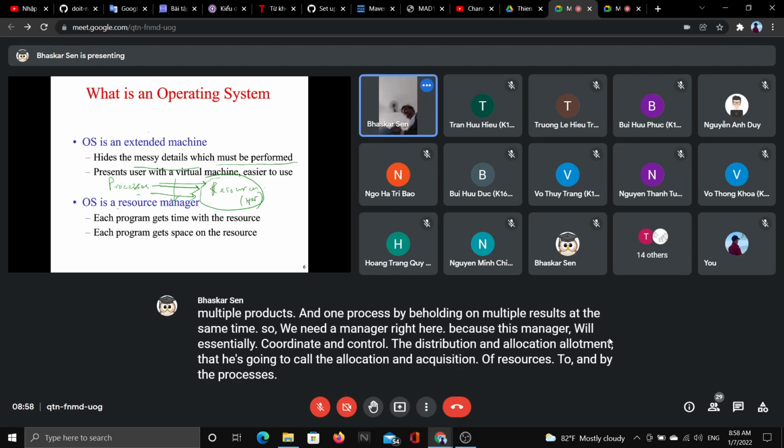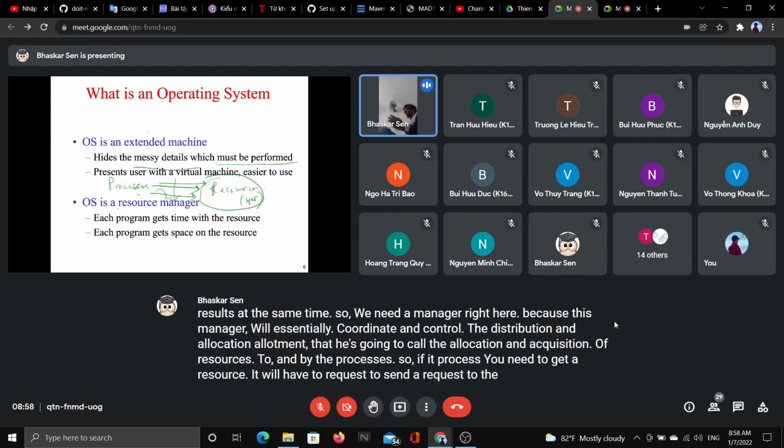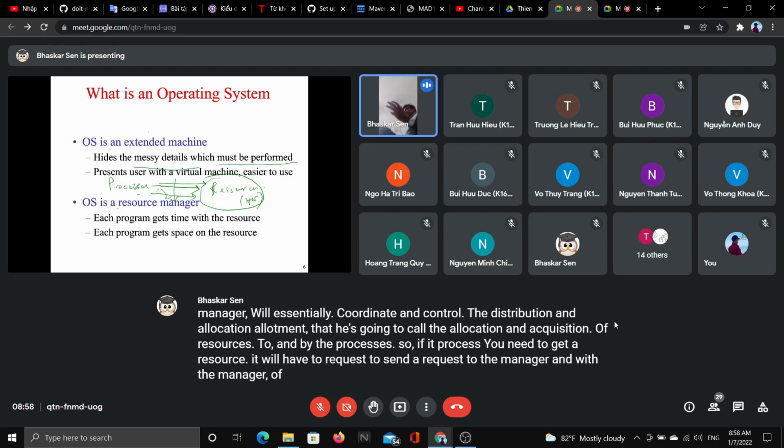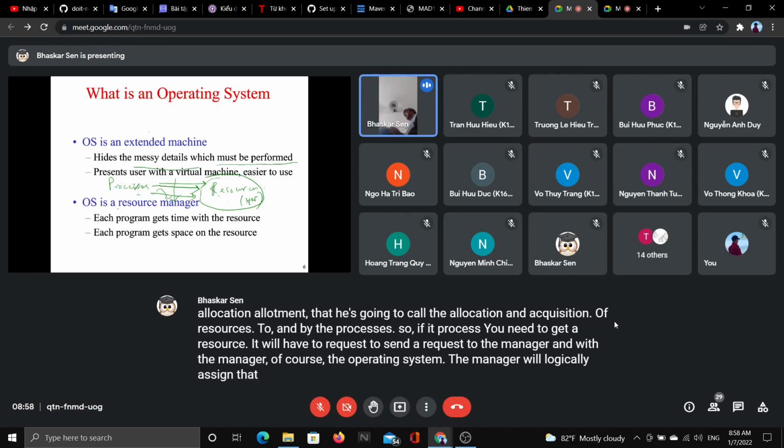Allocation is to which process. So if a process needs to get a resource, it will have to send a request to the manager. And who is the manager? Of course, the operating system. The manager will logically assign that resource to that process.